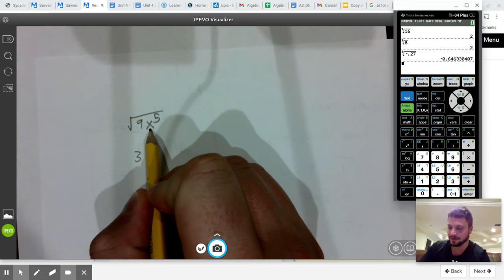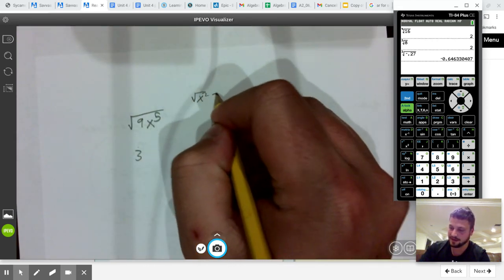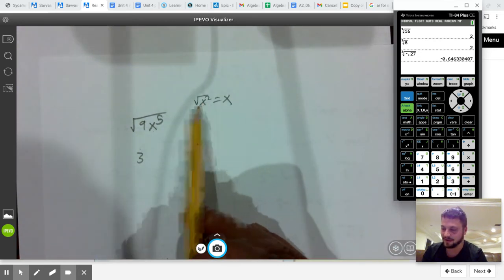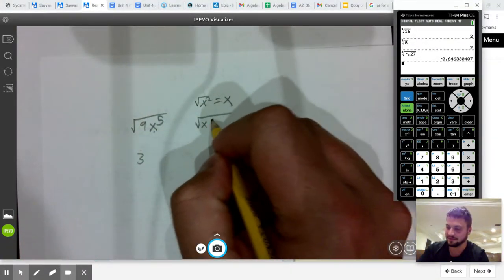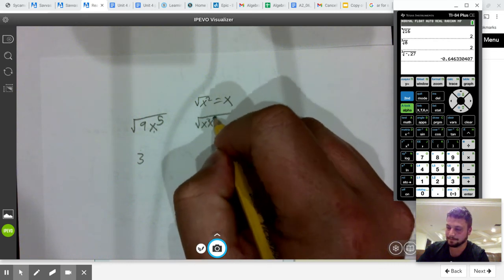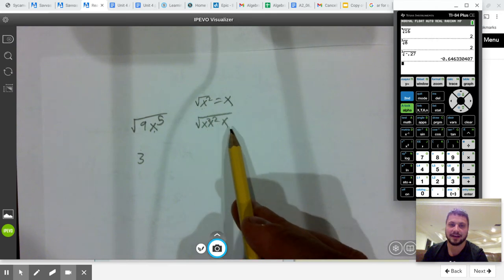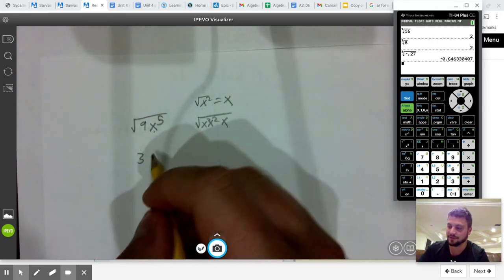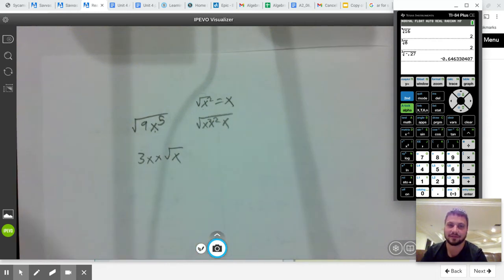If I want to take it of letters, remember that the square root of x squared is x. So I'm really asking myself, how many x squareds are in x to the 5th? I want to think of it like this: 2, 4, and 5. So the square root of this x squared is x, the square root of this x squared is x, and there'd be 1 left.